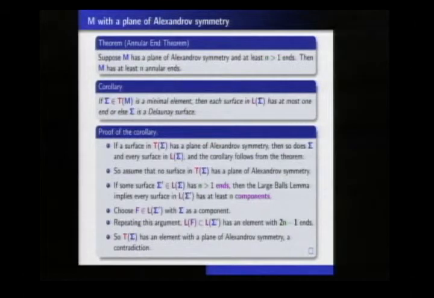So there's this quite deep result that says if M has a plane of Alexander symmetry and at least n ends, then it has at least n annular ends. It doesn't say that you don't have more. You can think of examples where you have infinite genus, and you have a finite number of annular ends. But if you have lots of ends, then you can also find annular ends.